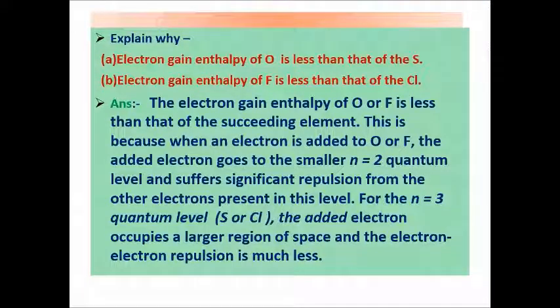For n equal to 3, what happens? In the quantum level of sulfur or chlorine, the added electron occupies a larger region of space, and the electron repulsion is much less. That's why the electron gain enthalpy of oxygen is less compared to sulfur, or fluorine compared to chlorine, in the same group.